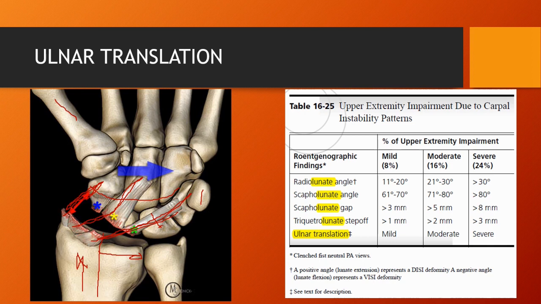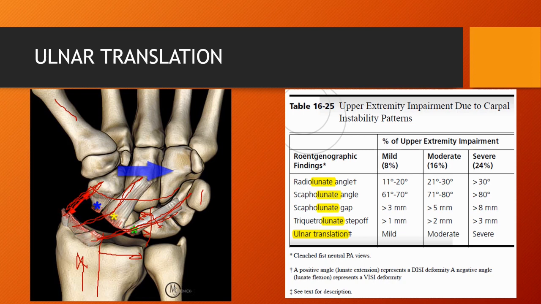So in this particular image, if we draw a line down through the lunate bone, we see that less than 50%, probably more like 30% of the lunate bone remains in congruity with the ulnar border of the distal radius. And you might argue that it's even less.